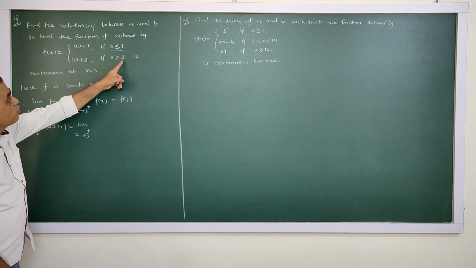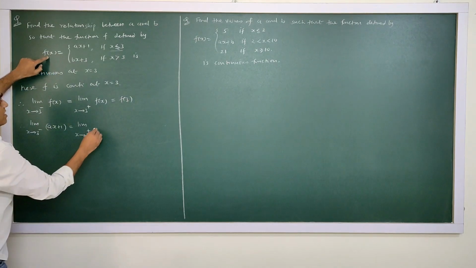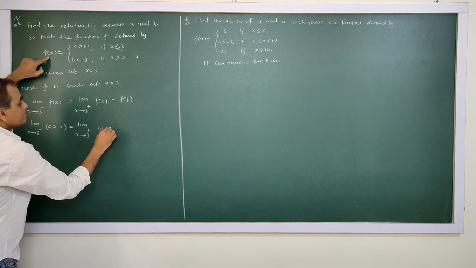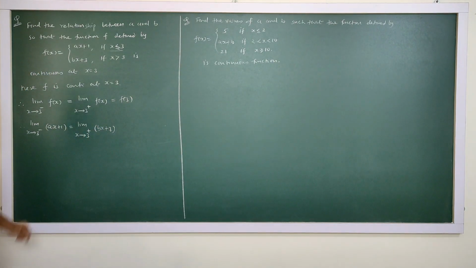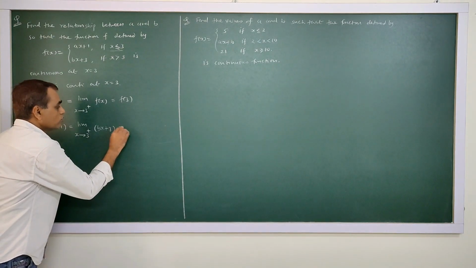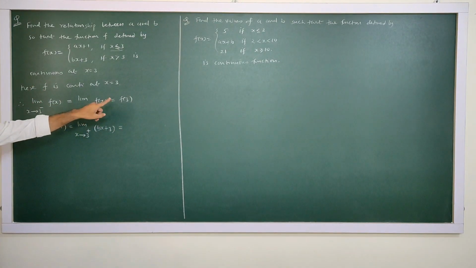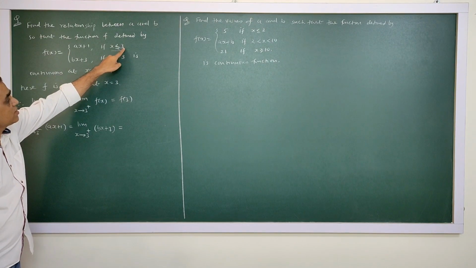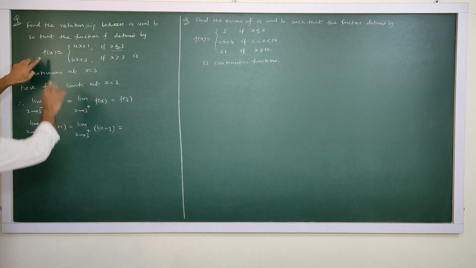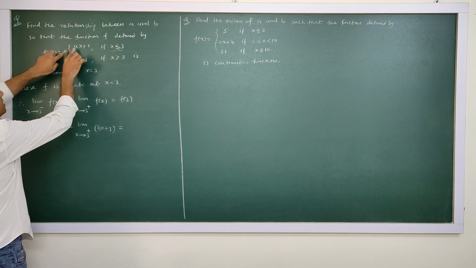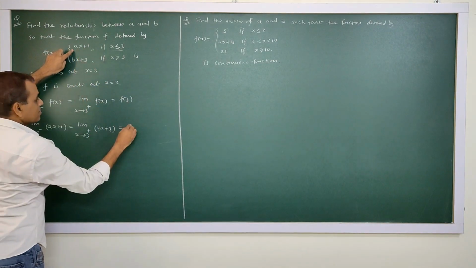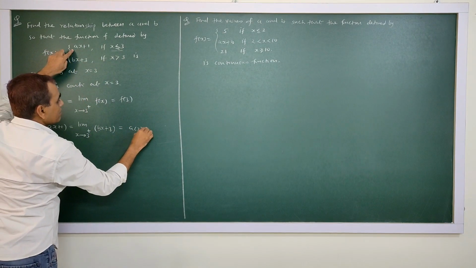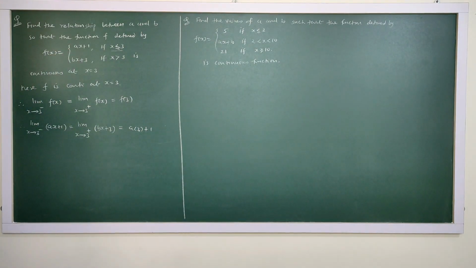So when x is more than 3, f(x) is bx plus 3, equal to f of 3, x equal to 3. For x equal to 3, f of 3 is a into 3 plus 1. These three values are equal.